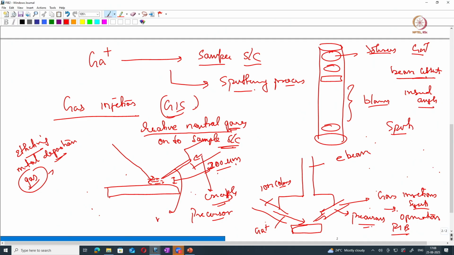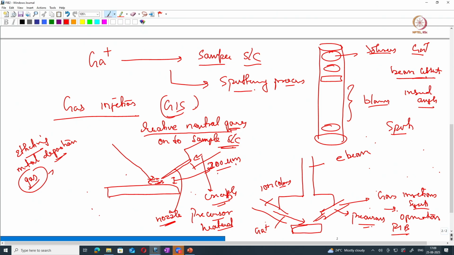So this is called the nozzle. These precursors are usually solid, correct, and we need gas. So usually these GIS needles, these precursors, are heated prior to the injection. Due to the heating, this converts to a gas, and this gas is injected onto the sample surface.